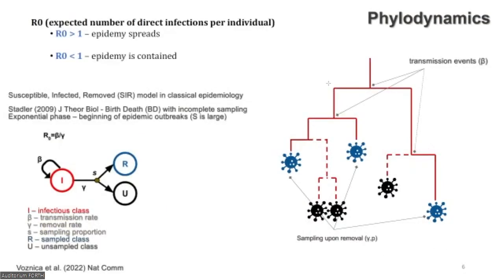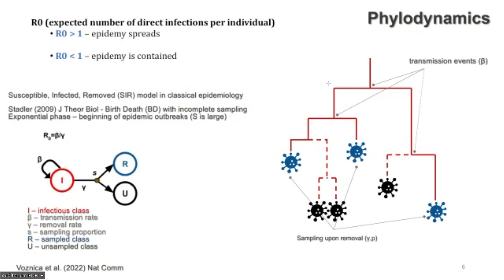And since I think it's the first talk on phylodynamics, I'll briefly introduce you to the models I'm using here. The simplest model that we can come up with for phylodynamics is this BD model. It's analogous to the SIR model in epidemiology, the classic model in epidemiology.